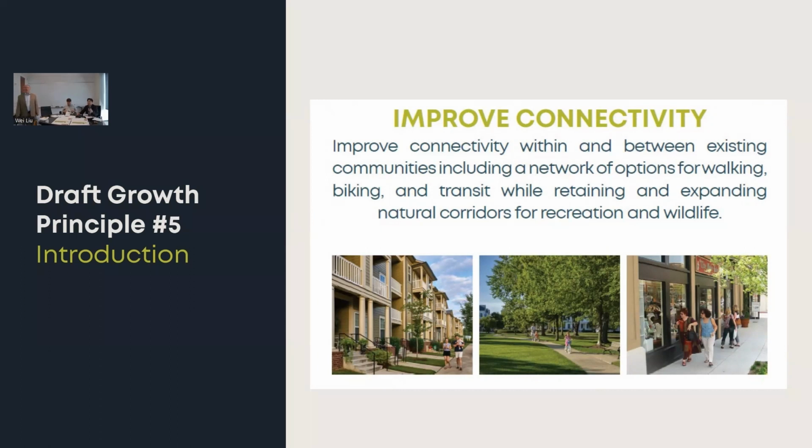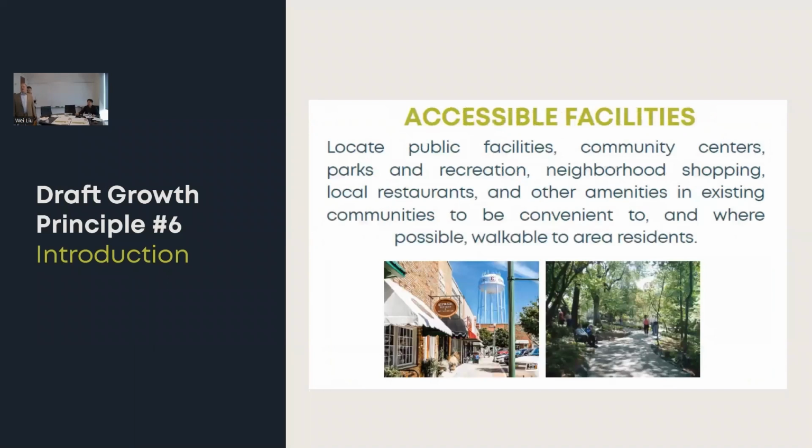There's a lot of concern about traffic and some of the side effects from growth. So improved connectivity within and between existing communities. That could include a network of options for walking, biking, transit, while retaining and expanding natural corridors for recreation and wildlife. So not just for people, but for the wildlife as well. Next slide.